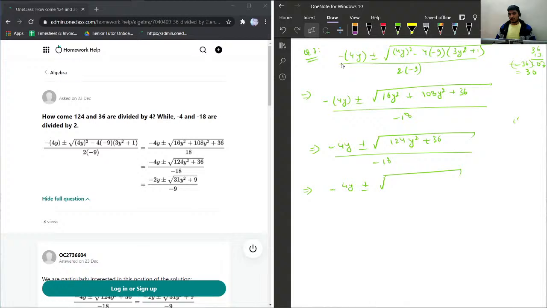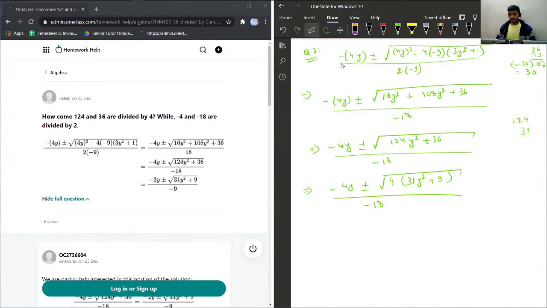So 124 will be 3 and 1, so this will be 31y square plus 9. This will be multiplied by 4 minus 18. If I write this as the factor of 2, this will become 2 into 2, this will become 2 into minus 9.